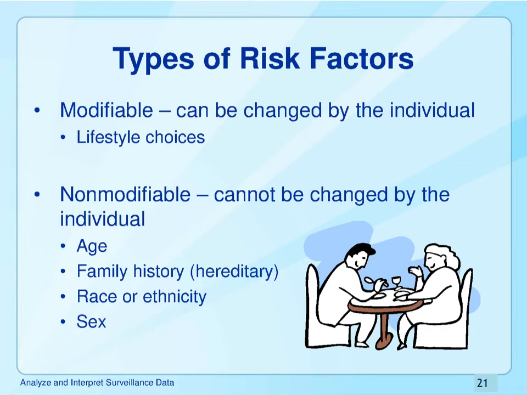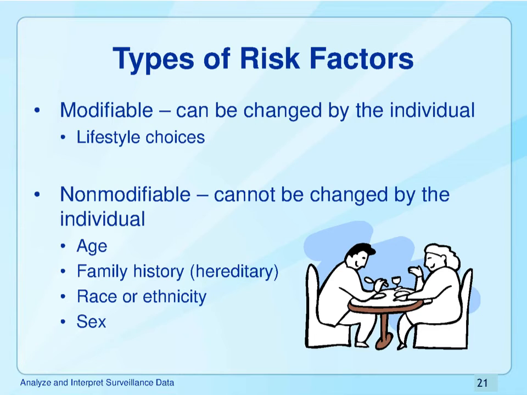Now, we also need to recall from our previous discussions the idea of modifiable versus non-modifiable risk factors. Now, modifiable risk factors, as the name suggests, and as we've talked about in the past, are simply risk factors that can be changed, and they usually are associated with lifestyle choices, such as the extent of physical activity and choice of diet, and so on and so forth.